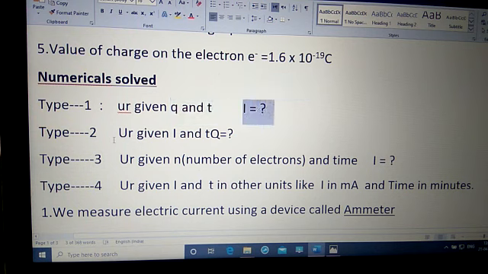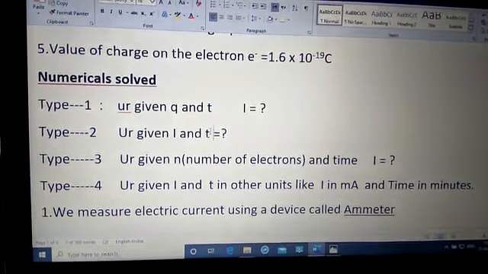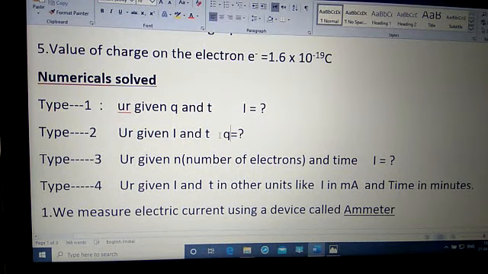In the second type, you are given the current and the time, and you are asked to find the charge. Here again you use the same equation, I is equal to Q by T. Then you rearrange this equation to find Q is equal to I into T, substitute the values of I and T, and you get the charge.